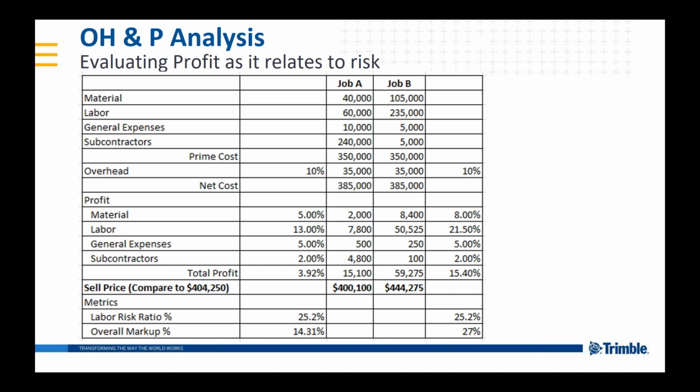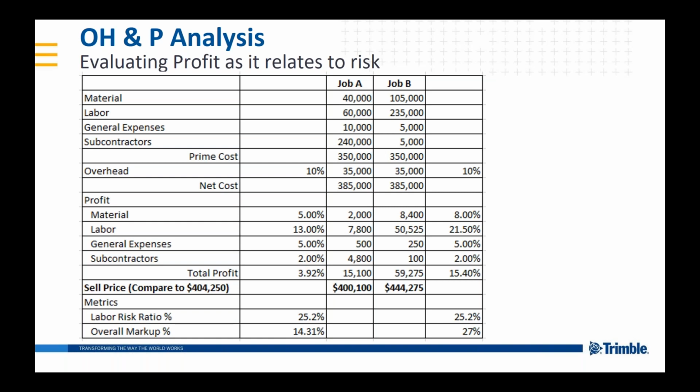So I'm going to throw 8% on for my material as opposed to 5% on job A. As I manipulate these percentages down here in the profit section, in the software or even the spreadsheet that I built for this little example, the labor risk ratio percentage will dynamically calculate, and this number will be changing on both sides as I change the profit percentages on both job A and B accordingly.